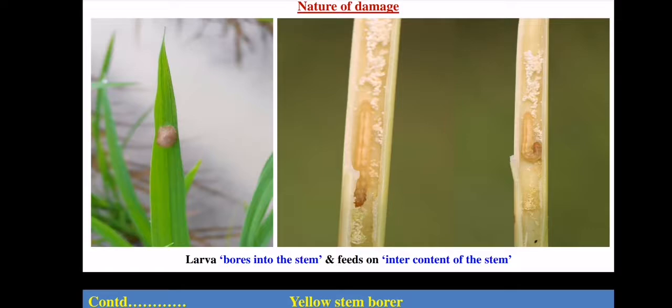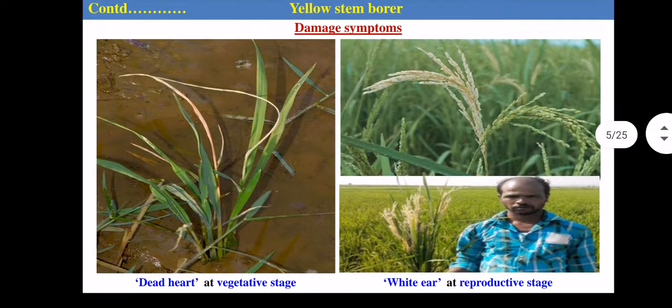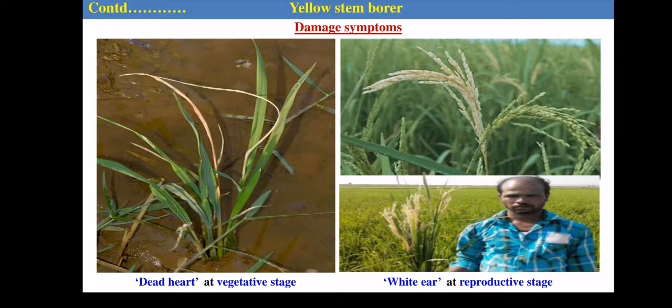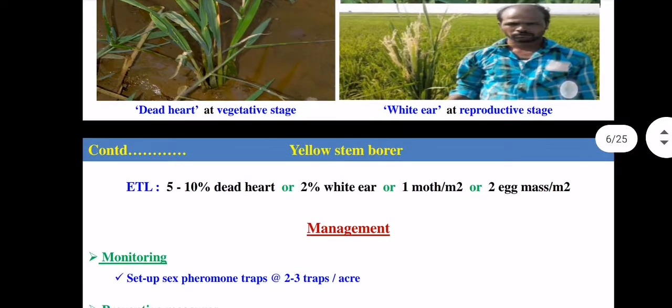Pink borer also feeds on the internal content of the stem. If we talk about the damage symptoms, you can see these pictures of the damage symptoms of yellow stem borer. It causes dead heart at the vegetative stage of the plant, and it also shows white ear at the reproductive stage of the plant.